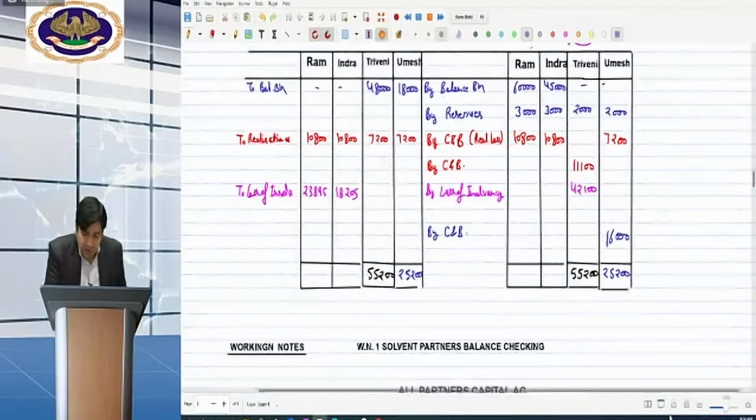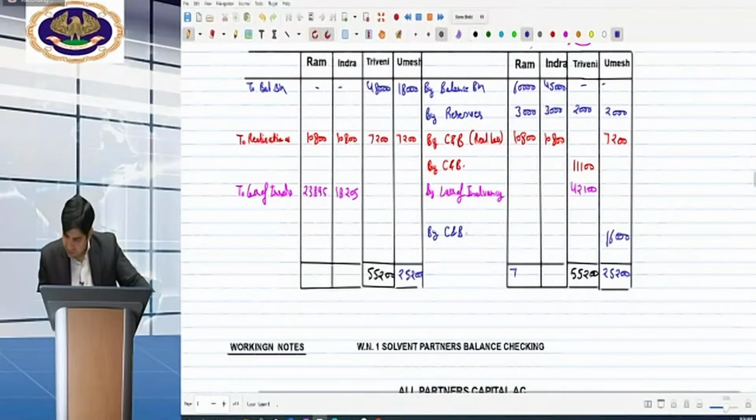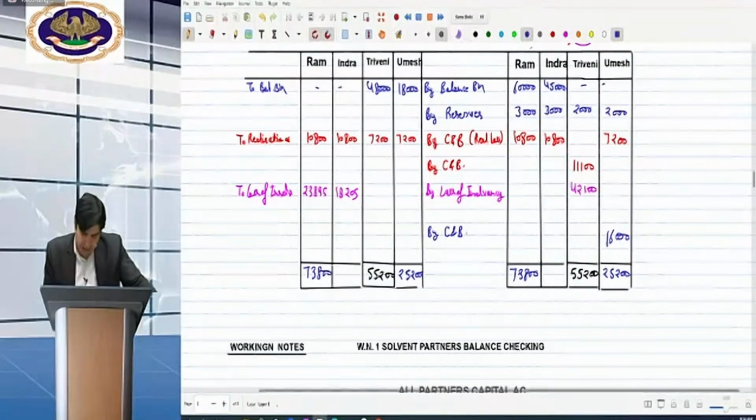So Ram's total is being done. How much is the total? That is 73,800. If full payment is being checked, what is the remaining balance? First check that. 73,800 minus 10,800 minus 23,895.